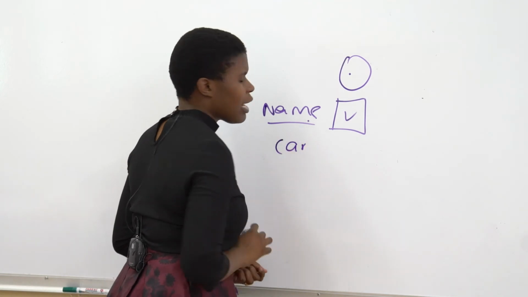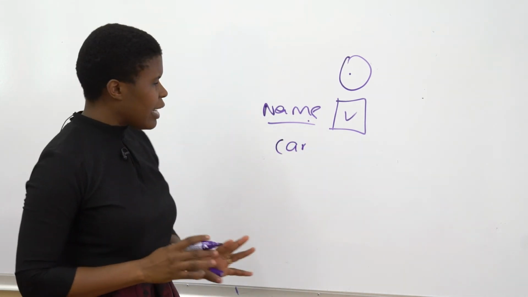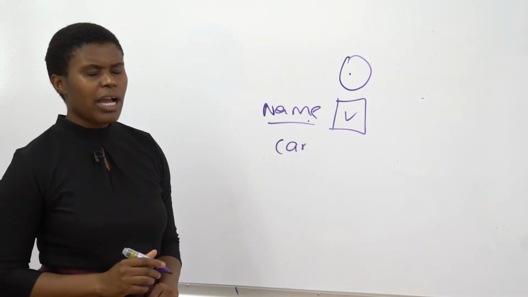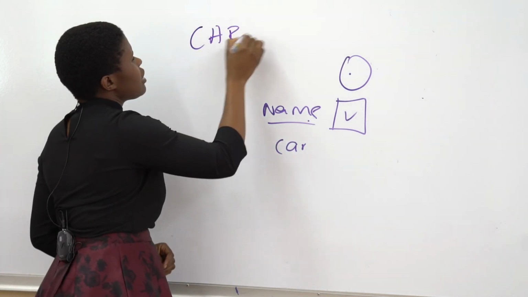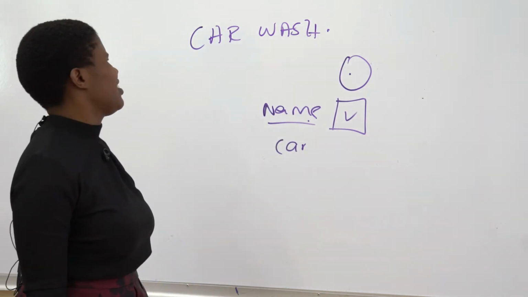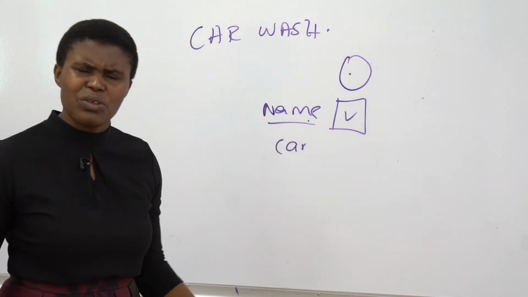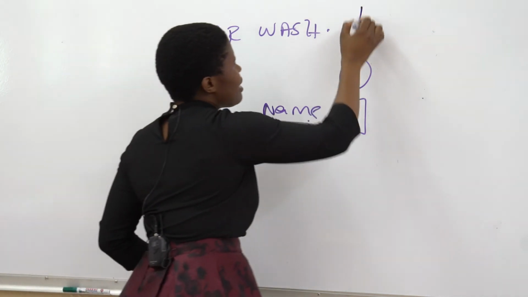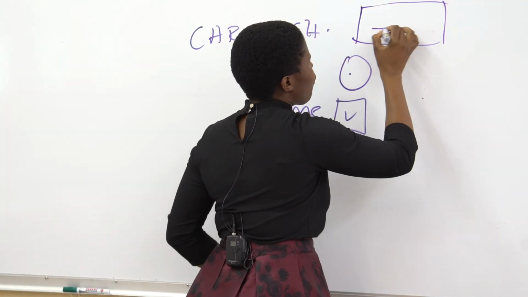We say a car, it's a text. Now, I'm saying I'm going to design an interface for a car wash. All of a sudden, I just write a car wash, and a person comes and says, okay, car wash, car wash. Someone has to think about that. But now, immediately bring a picture of a car, okay?